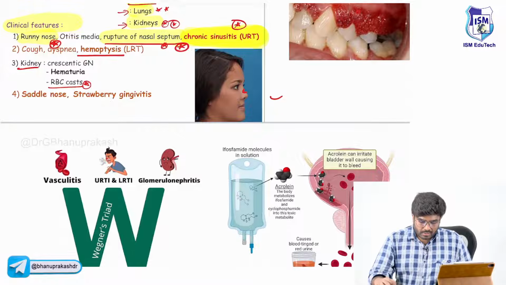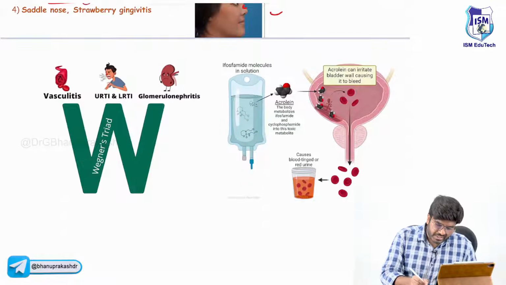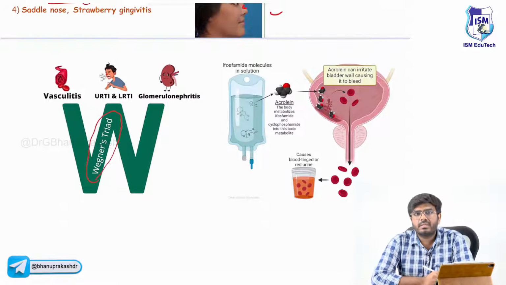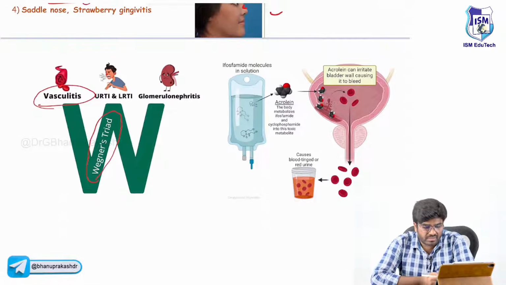Now, in one of the PG exams, this question was asked: what is the Wegener's triad? In Wegener's granulomatosis, there is a triad of symptoms. Small vessel vasculitis is there.